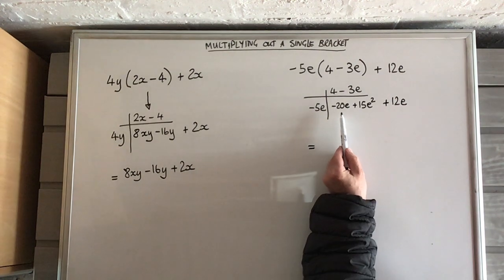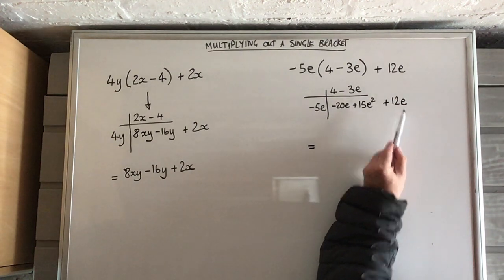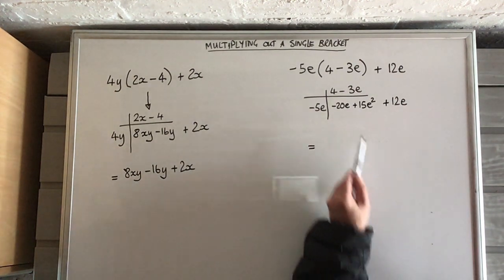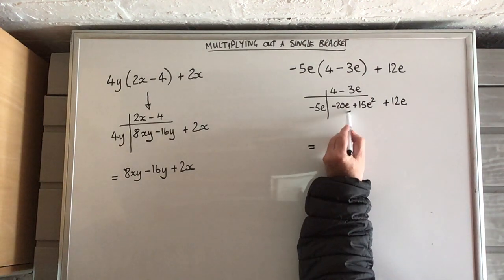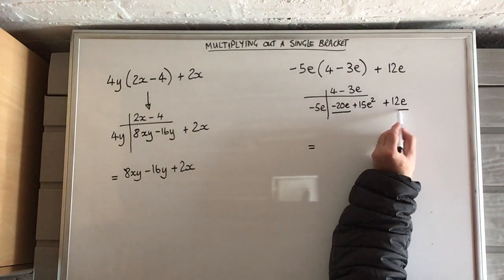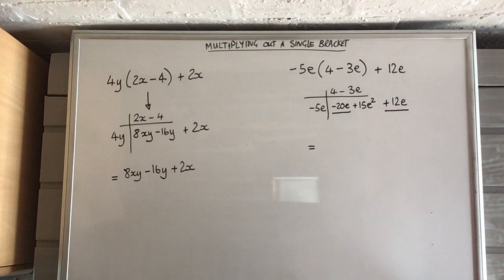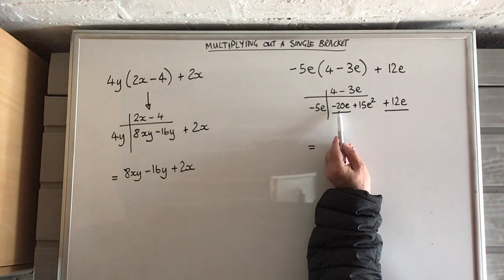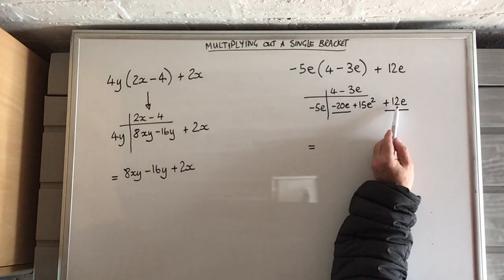Well, we've got negative 20e plus 12e. So if we look at these two terms, these are the same, so if I underline these two, these are the same thing, so we can tidy them up. So negative 20e plus another 12e, well, we need negative 12 of these to cancel out with 12 positives.